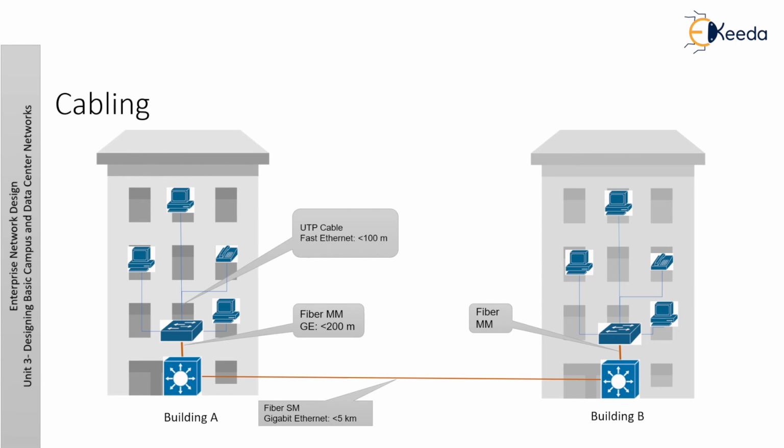The distances shown in this figure are for a sample network. However, the maximum distance supported varies depending on the fiber interface used. Optical fiber cable handles the higher speed and distance that may be required among switch devices.